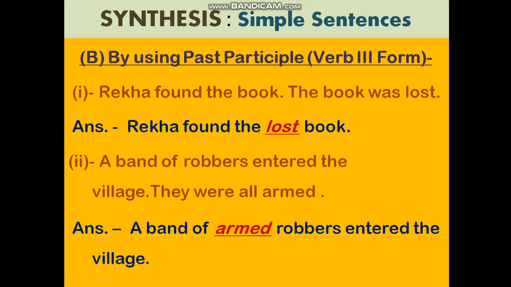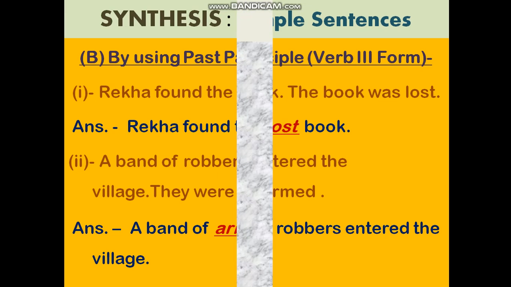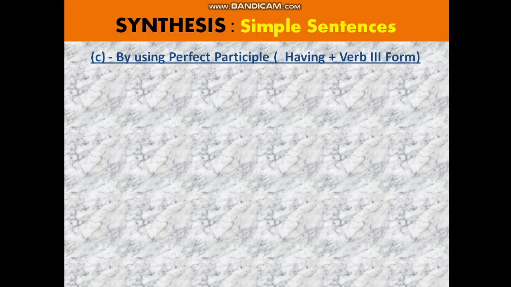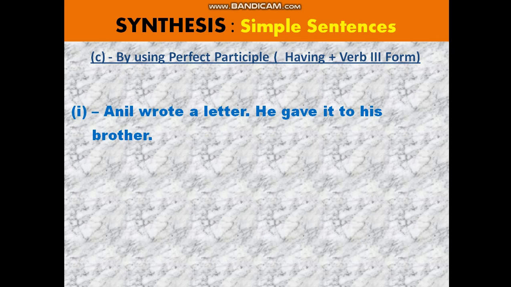Armed and lost. These are the third form of the verbs, and these are used as adjectives here. Now we have the perfect participle, means having plus third form of the verb.